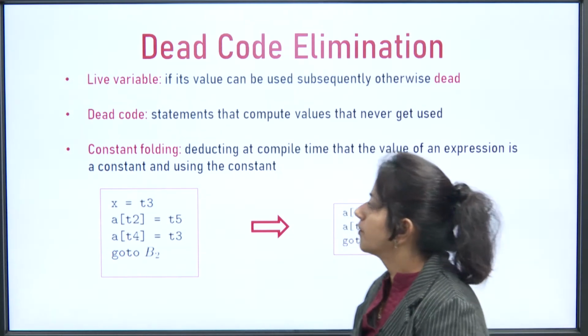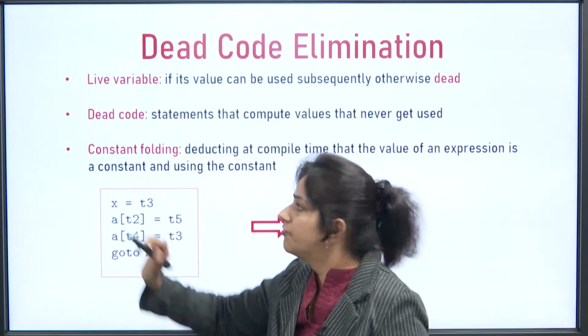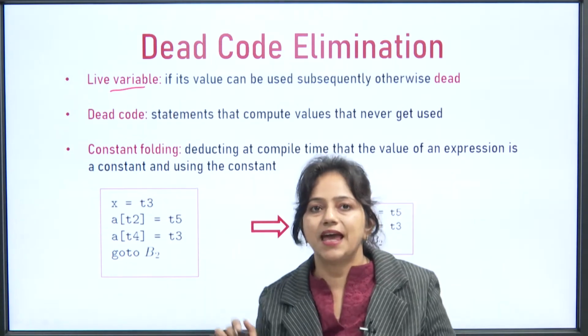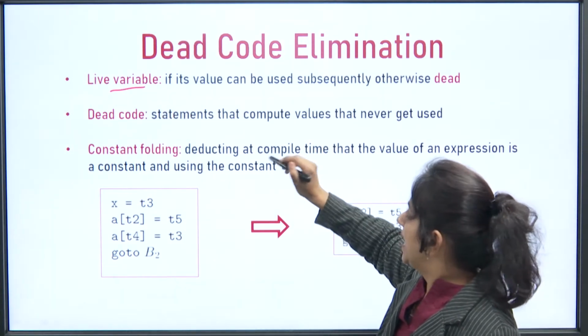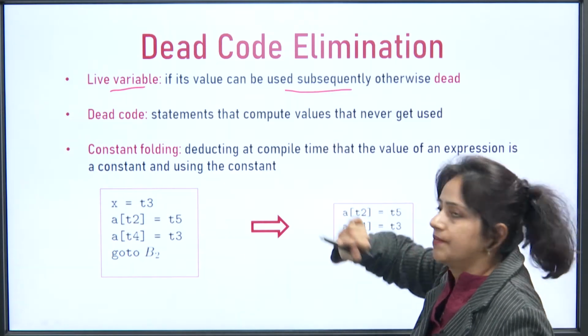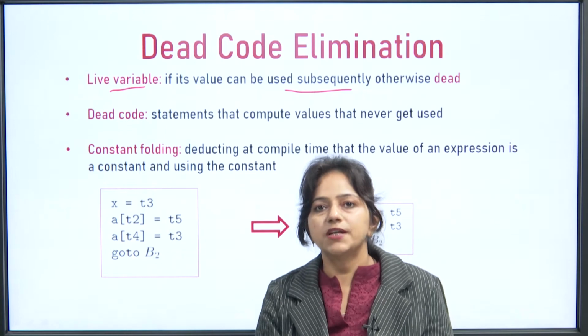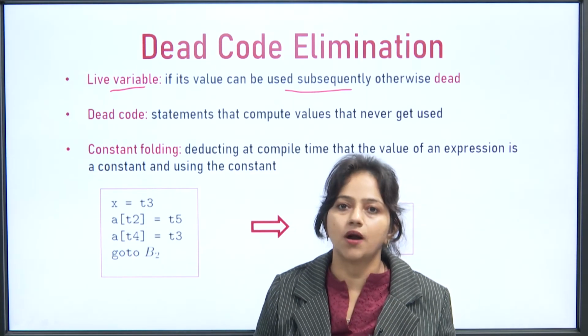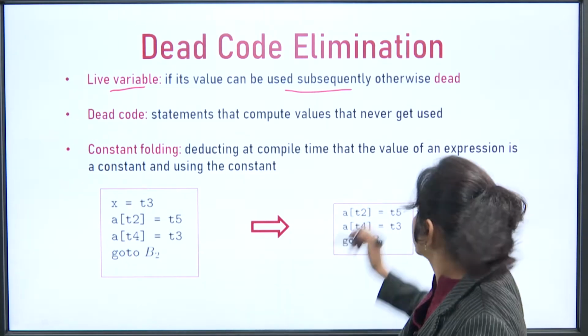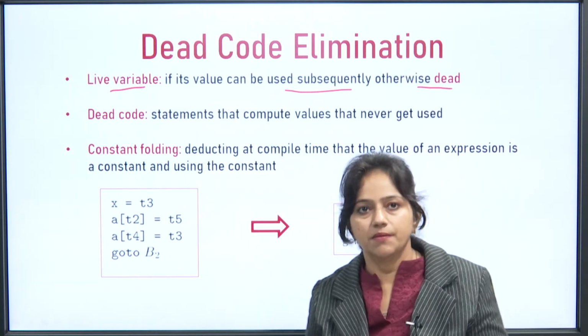In a program we may have dead variables or live variables. I am repeating what a live variable is: if its value can be used in subsequent statements of the program, then that variable is called a live variable, otherwise it is considered a dead variable.